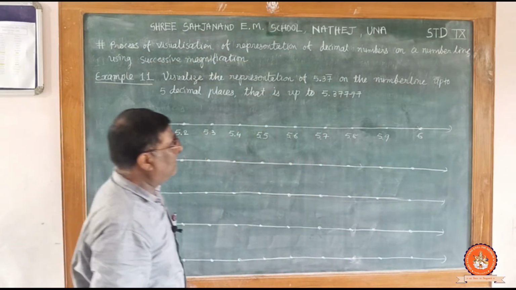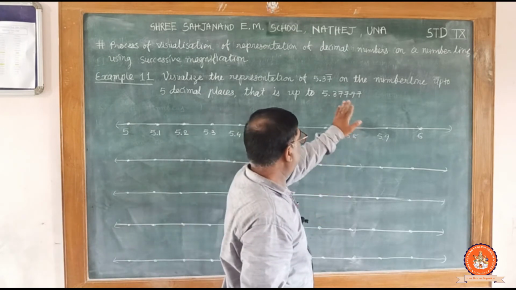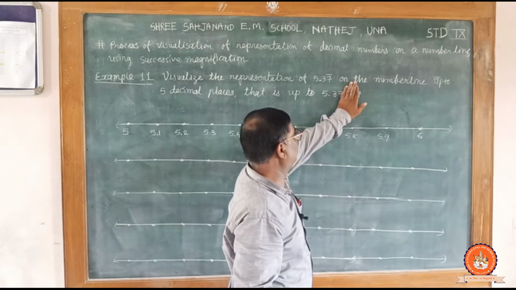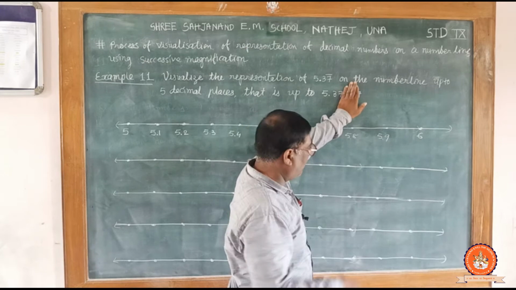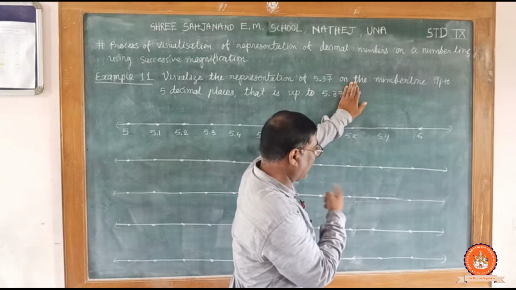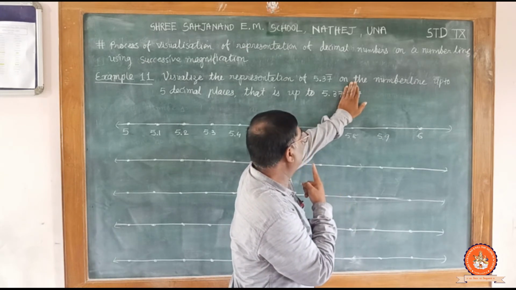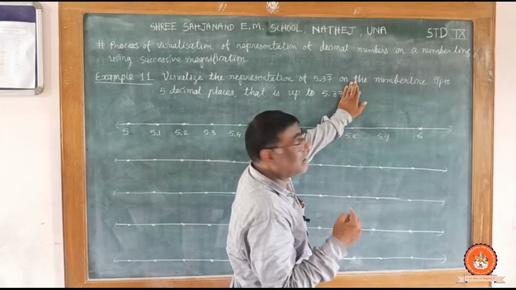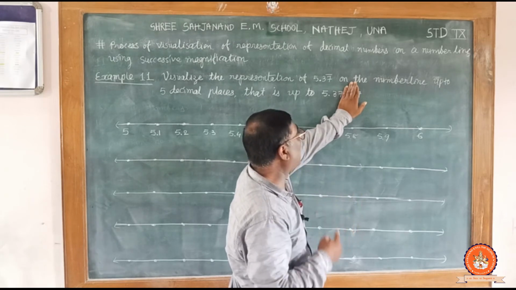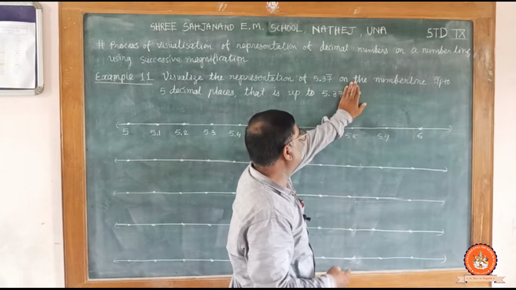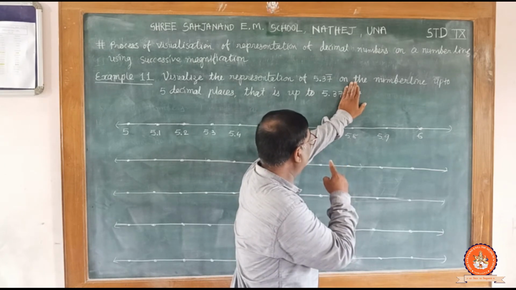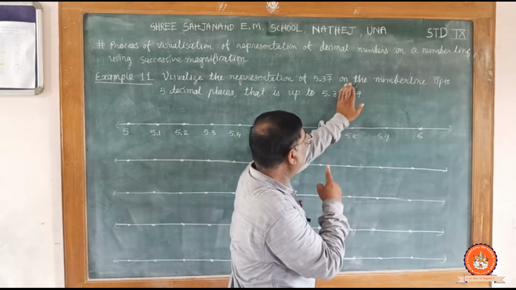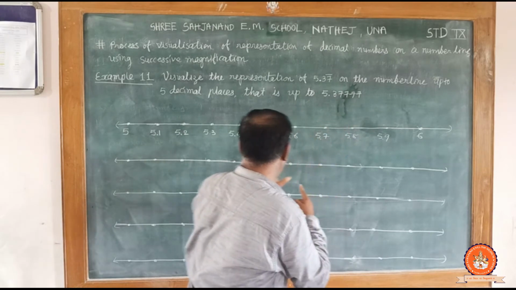Now my friend, look at the 2 digits. When you are thinking of the second line, you have to see the 2 digits after the decimal point. It's 5.37.